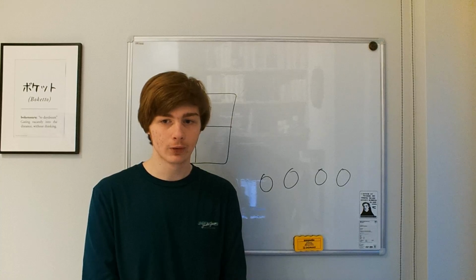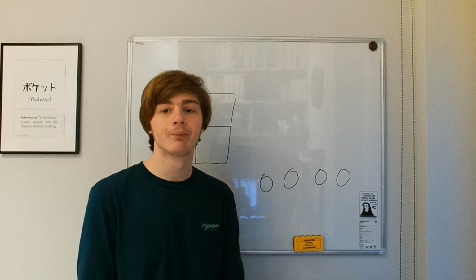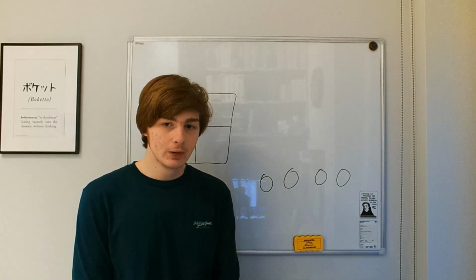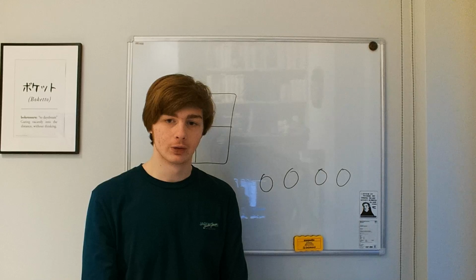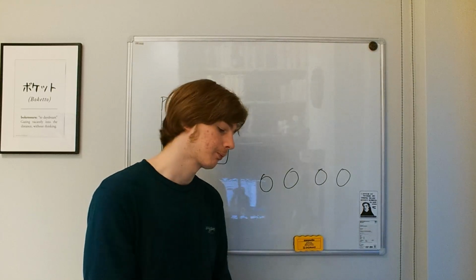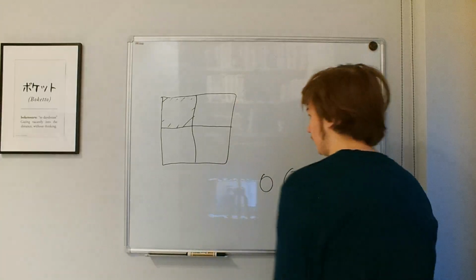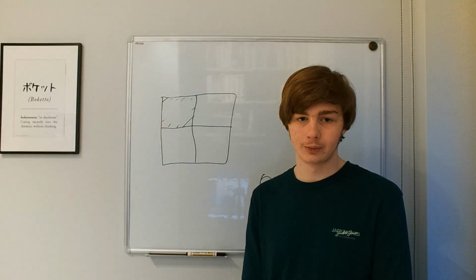Because, you know, in the worst case, if you have all ones and then a 0 at the end, you would have to search through the whole thing in order to find a 0 somewhere at the end. So allocating is pretty expensive, right?